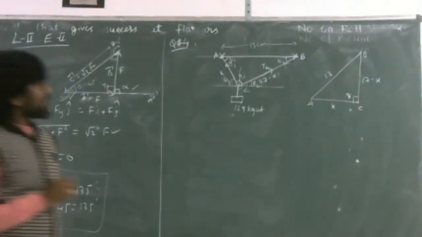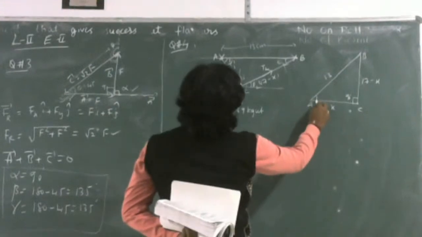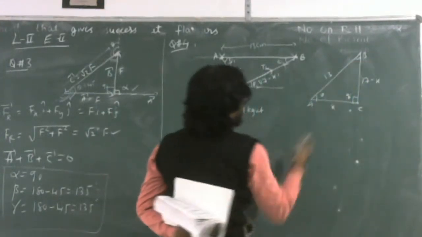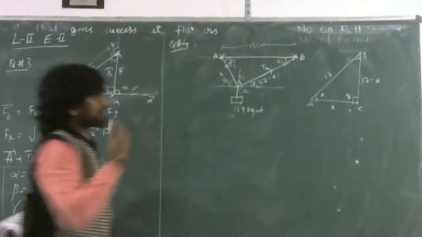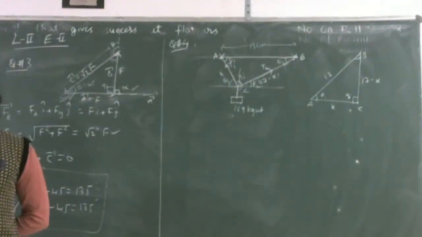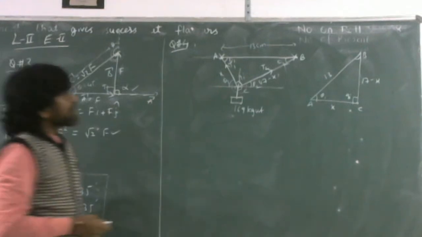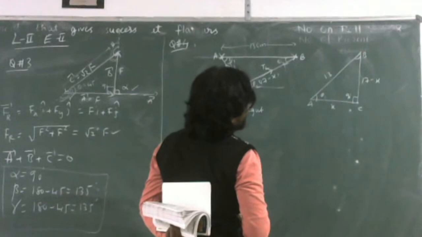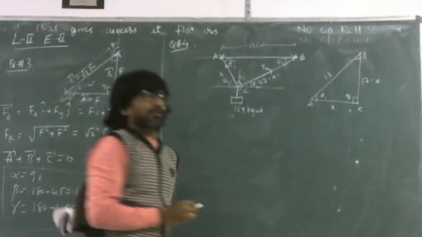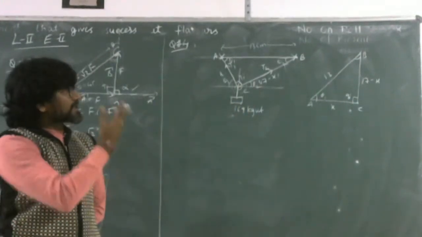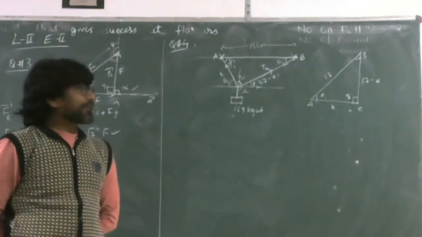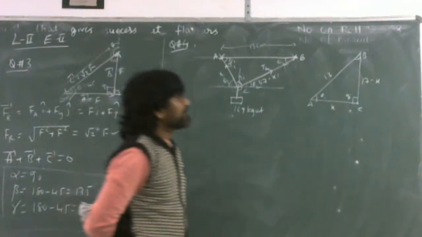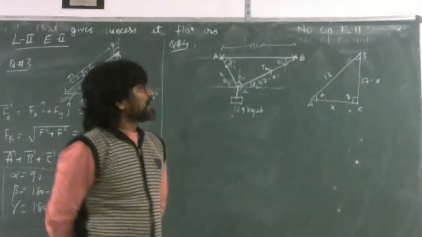Now this is theta. Between these two is theta 1. This is theta 2, or you can take it as 90 minus theta 1 also. Now, can you find x using the basic Pythagoras theorem? How can you find x? Yes.